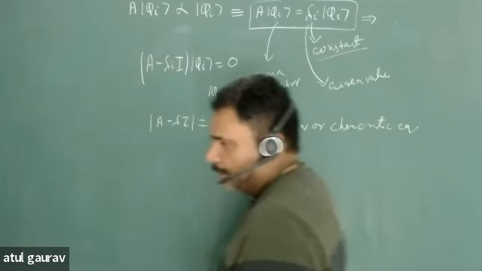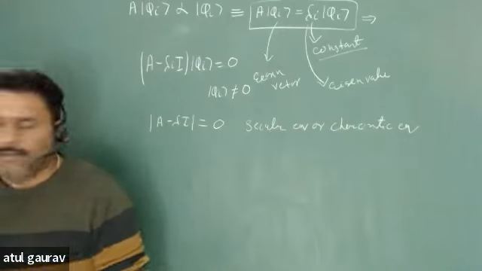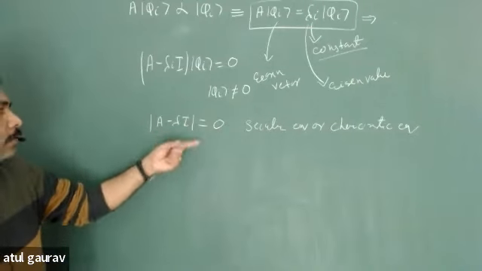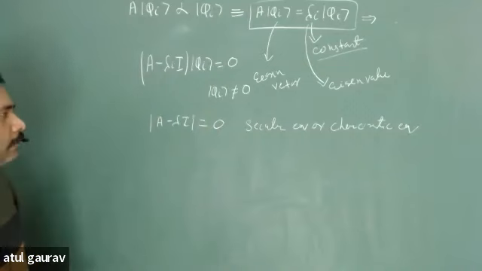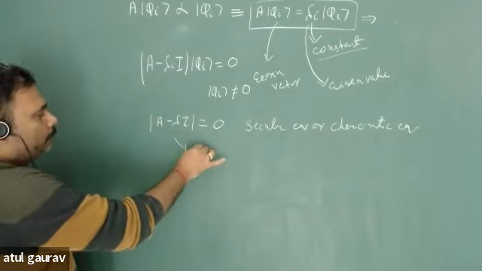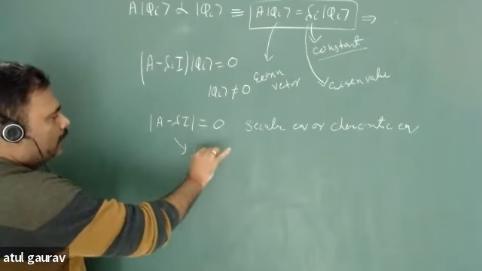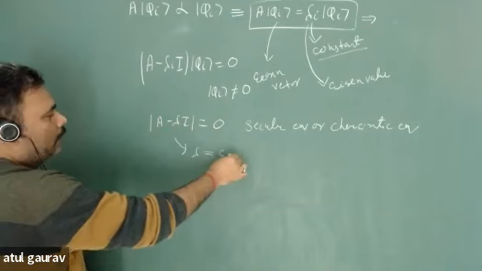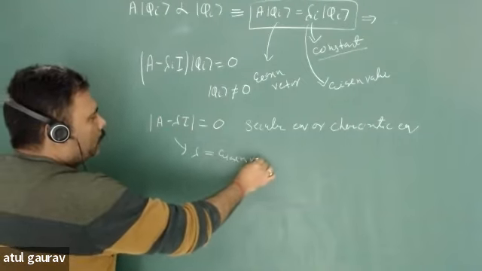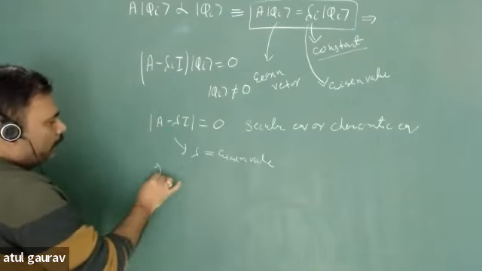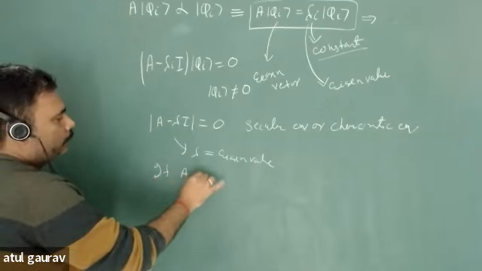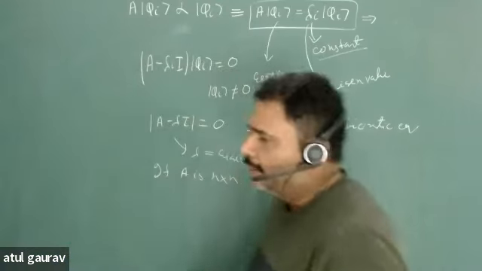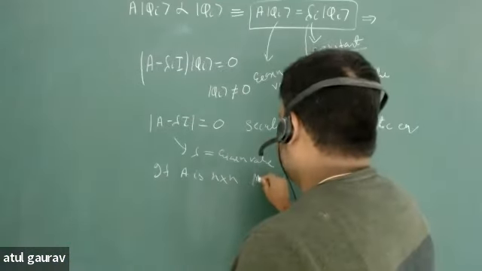You can solve this determinant equation and get the value of lambda, and this lambda is the eigenvalue. You can write lambda I or lambda in a general way. That is your eigenvalues.